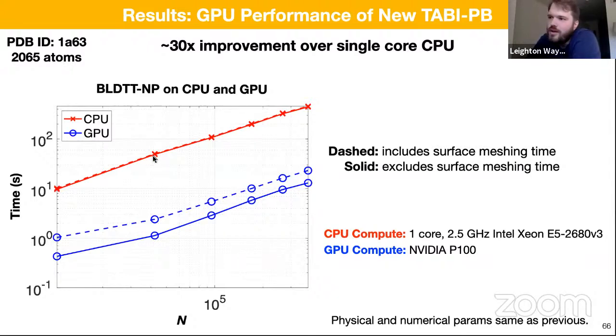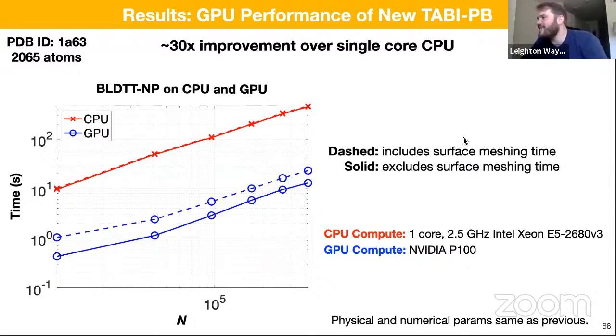One thing I will note here, you notice we have a solid line and a dashed line. The dashed lines include the surface meshing time, the calls to NanoShaper. Doing NanoShaper on the GPU would be very cool.